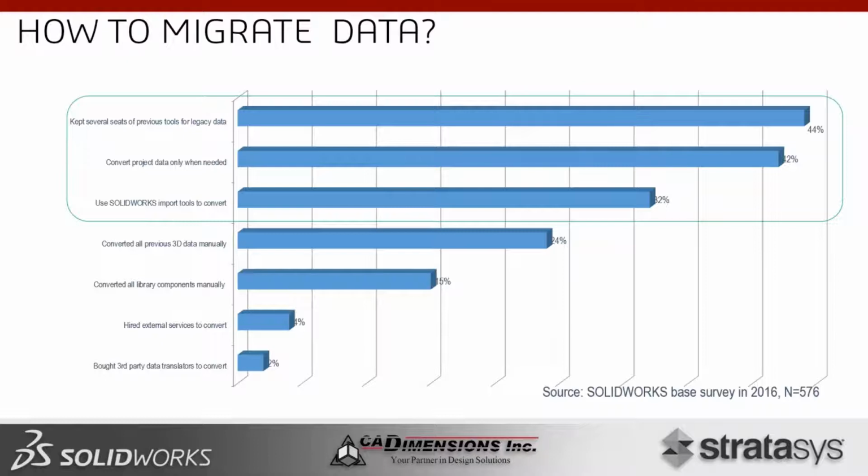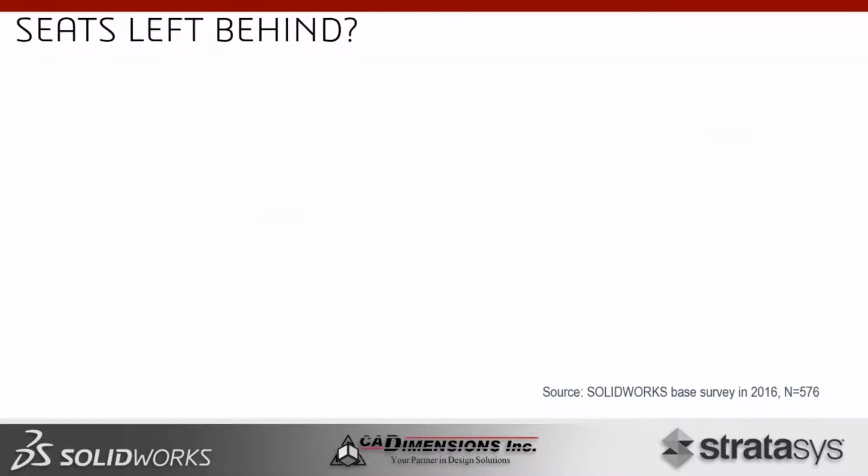We found that a lot of companies, and we saw this with the polls today, are just keeping seats of other CAD around for conversion, or they won't convert it until it's needed, or they'll just use the SOLIDWORKS tools, the file open convert. So there's still a pretty broad consensus on how this is done today, and that's kind of why Interconnect was developed.